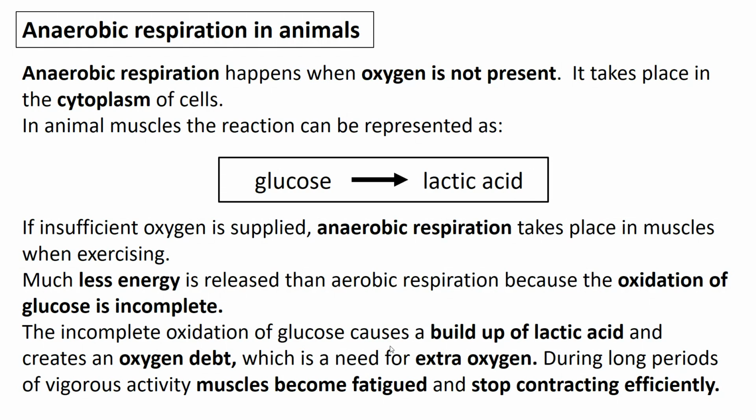This incomplete oxidation of glucose causes the lactic acid to build up and creates something called an oxygen debt, and that's the need for extra oxygen. During long periods of vigorous activity, your muscles will then become fatigued and stop contracting efficiently. So it's the oxygen debt coupled with the lactic acid that you're producing in your muscles that will stop them contracting efficiently and becoming fatigued.